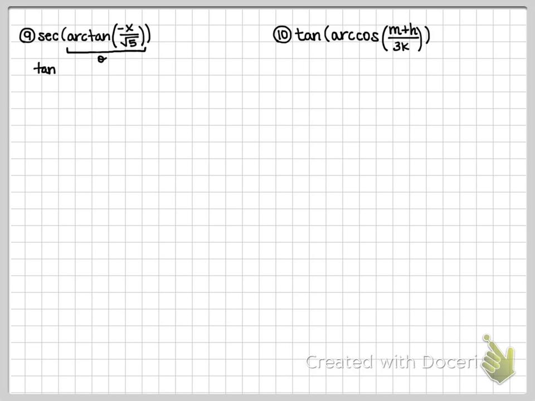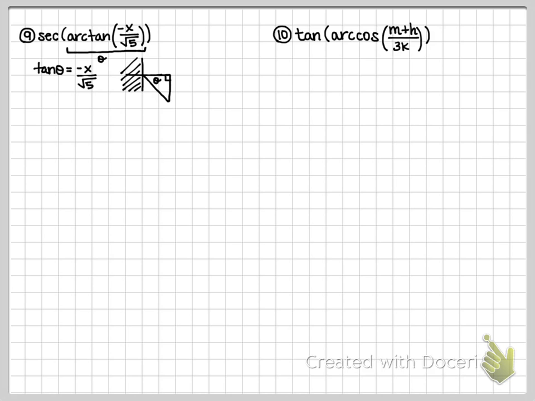So tangent of something is going to give me negative x over root 5. All right, well, this ratio is negative, so we've got to keep that in mind. So take out our restrictions for arc tangent. Out of those two quadrants, to be negative, I'm going to have to be down. So let's draw a triangle down here.